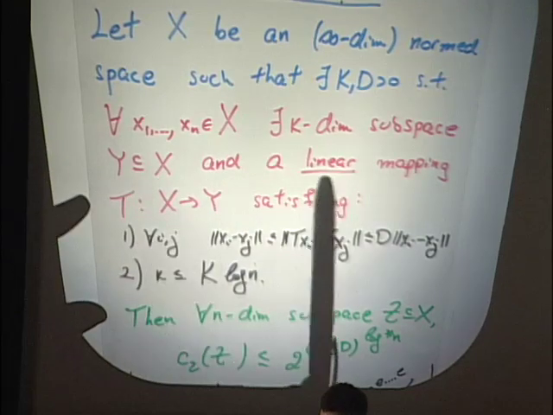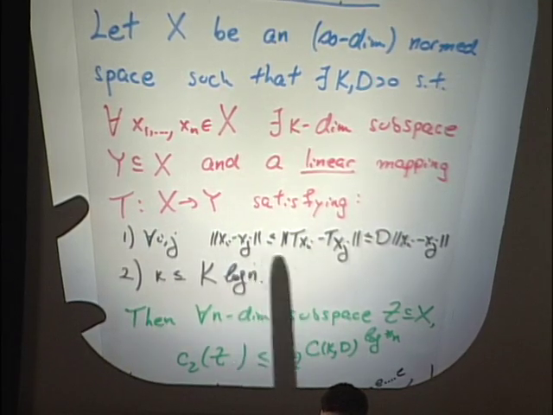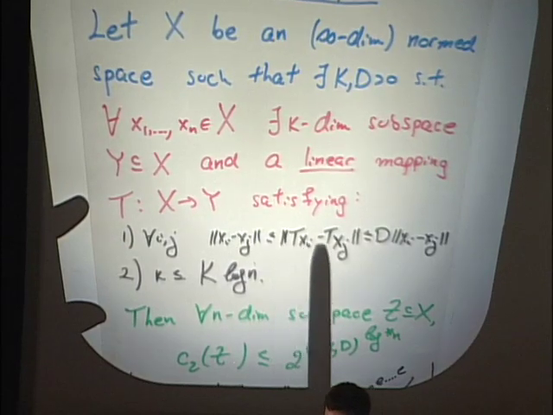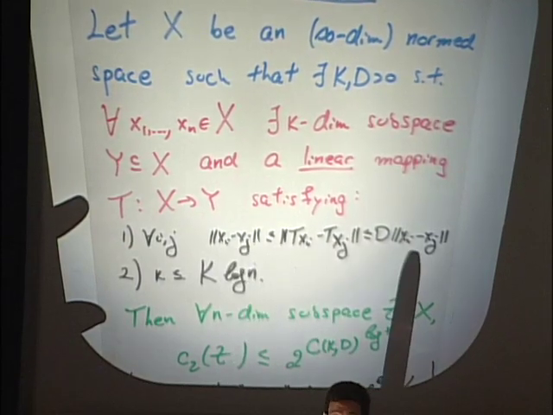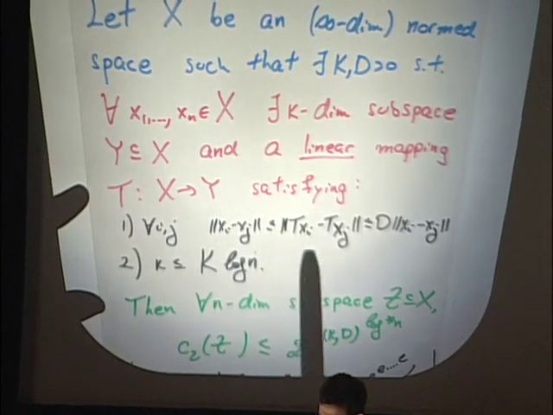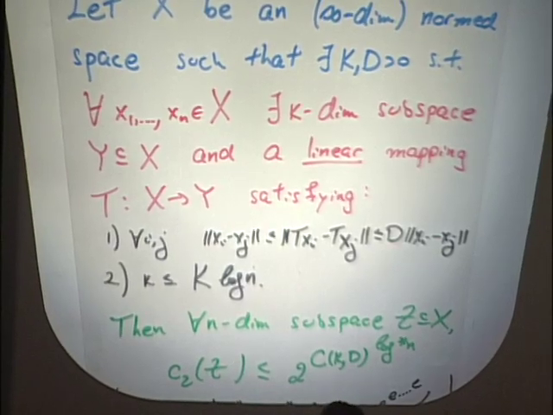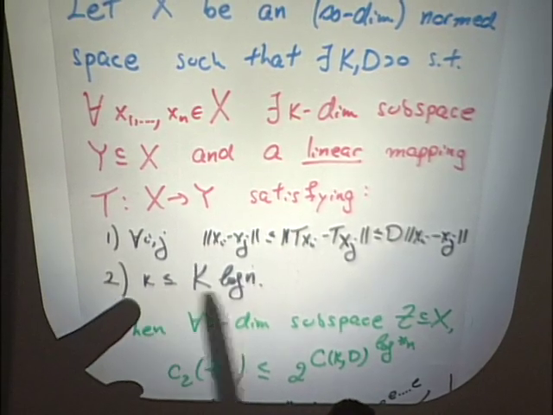Now we just want there to exist one linear mapping such that in the image, the distance between T(x_i) and T(x_j) is the distance between x_i and x_j up to your factor d, let's say 100 or 100 million or whatever number you prefer. And the dimension is k log n.